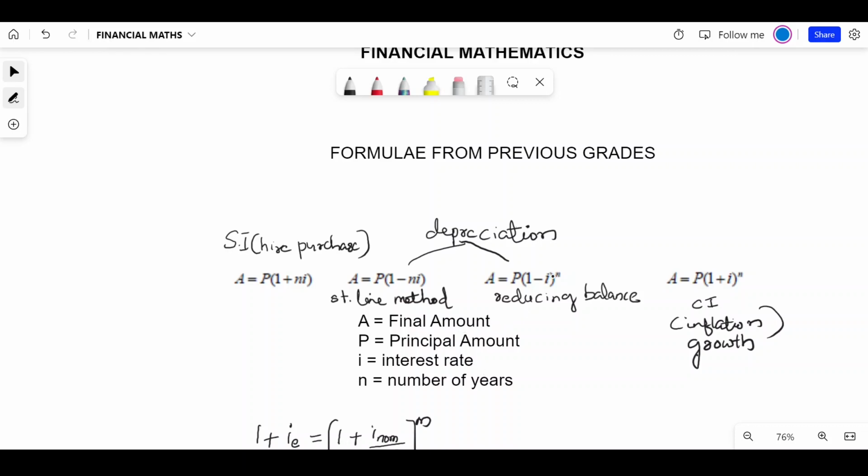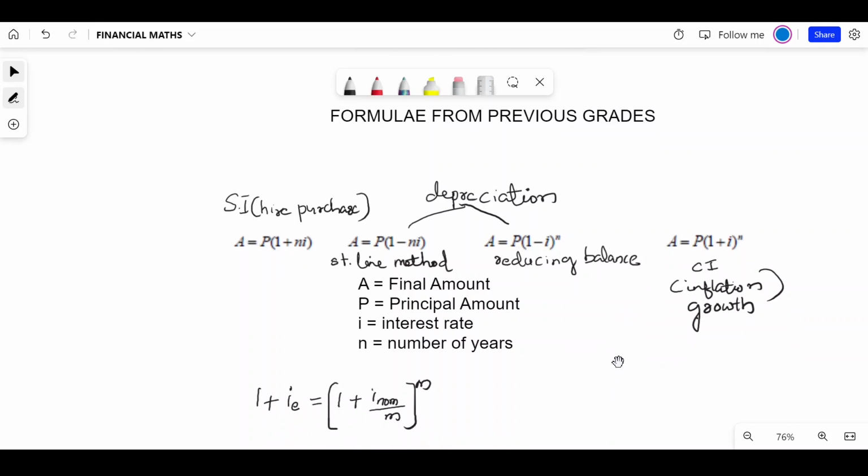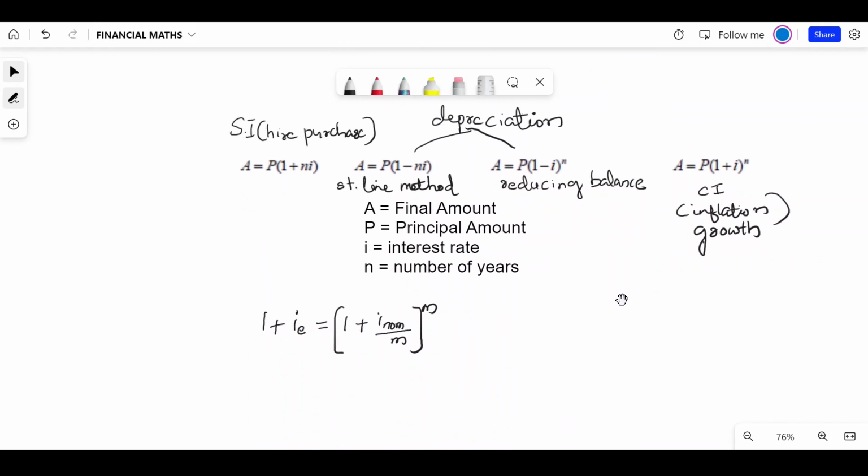Now in grade 11, you also learned another very important formula, that is to convert from an effective interest rate to a nominal interest rate and nominal to an effective interest rate. So i effective represents the effective rate, which is the annual rate here.